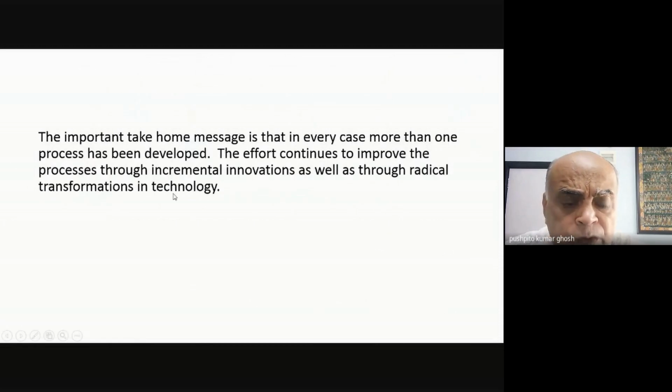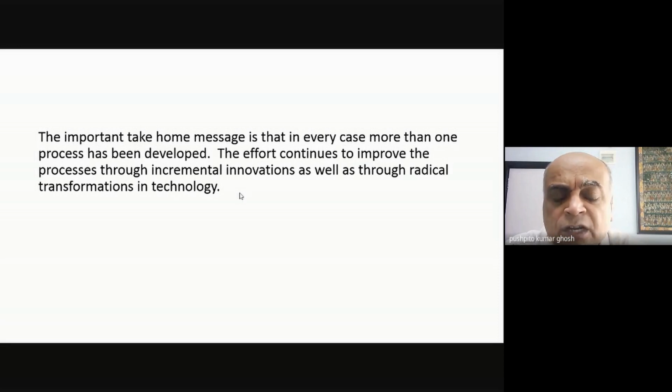So the most important take-home message that I want to leave you with is that in almost every case, and I have chosen processes so that I want you to see it as an evolving process. In every case, you have seen that there is more than one process. And it's not as if things have come to an end. The efforts are continuing.